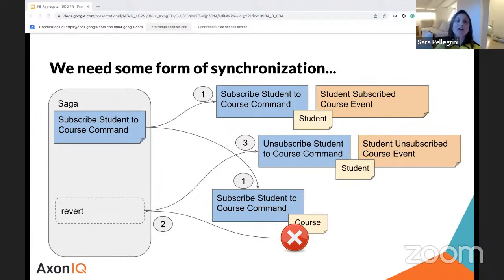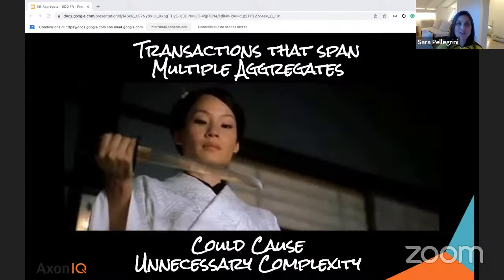And here you are, the fifth and final villain in our story. Transactions that span multiple aggregates could cause unnecessary complexity. The main aspect underlying the idea of the aggregate is the concept of boundary, the boundary of consistency, but also the boundary of complexity.